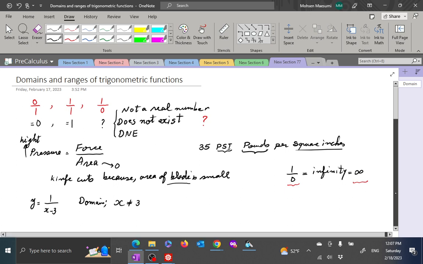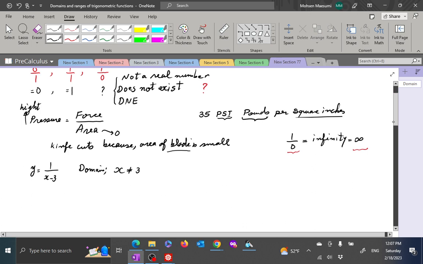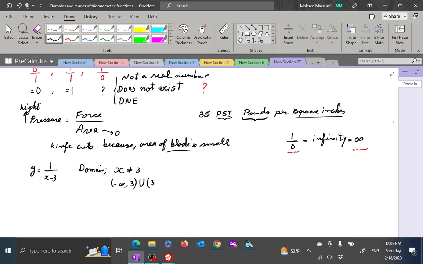So sometimes we say the domain is x other than 3. Sometimes we say, okay, from minus infinity to 3 is fine. Jump over 3 itself and go to the other side, from 3 to infinity, it is also fine. Another way that we describe it is that we draw the real number line and say 0, 1, 2, and 3, and 4.